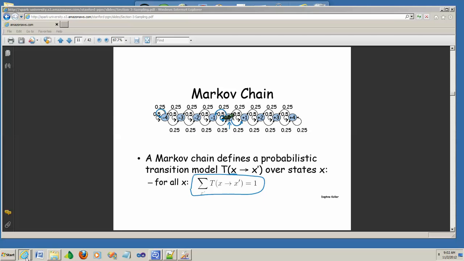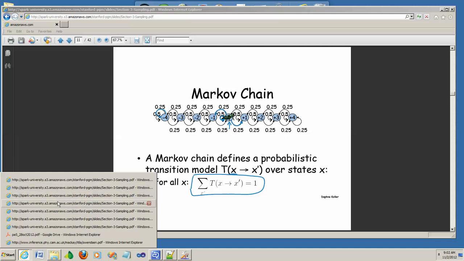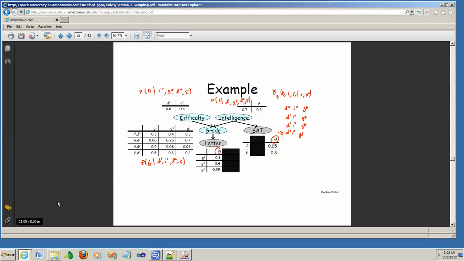For example, in this system we have various variables, D, I, G, S, and L. If you take a snapshot, for example D0, I0, G0, and some values for L and S, that is a state. Each snapshot is a state.